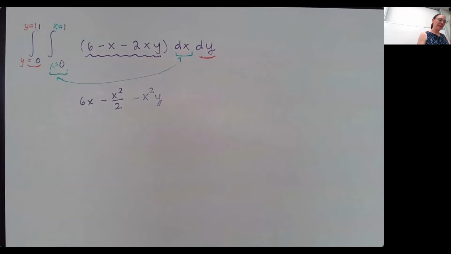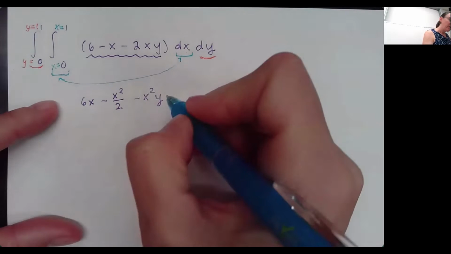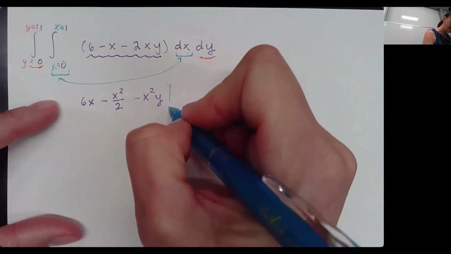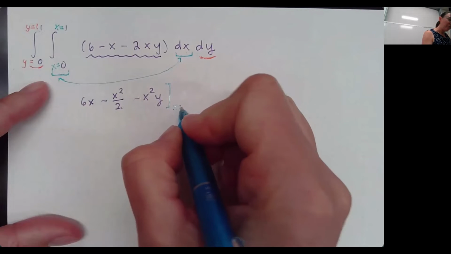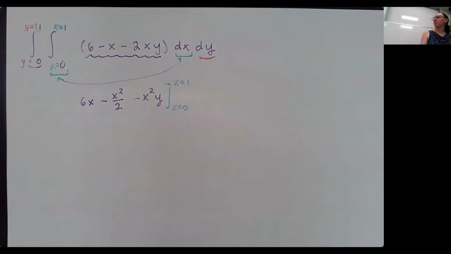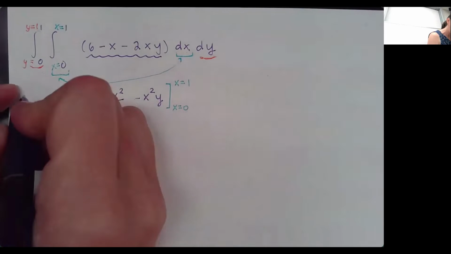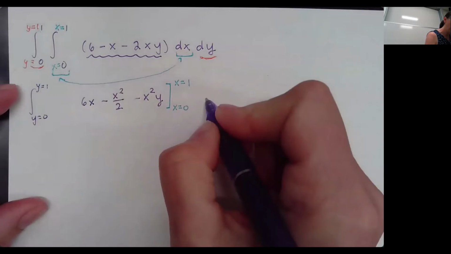I don't need a plus c because I have bounds on that integral. I have limits of integration. So those first set of integration limits say I'm replacing x with these values. This is still all nested inside of that other integral where y is going from 0 to 1.